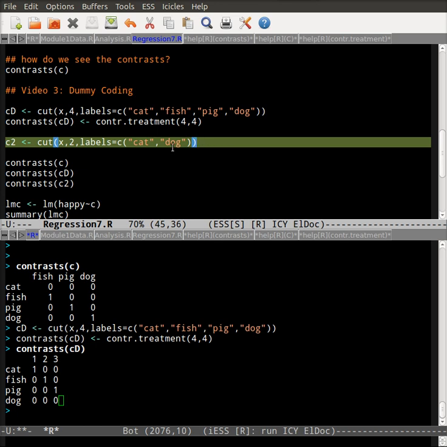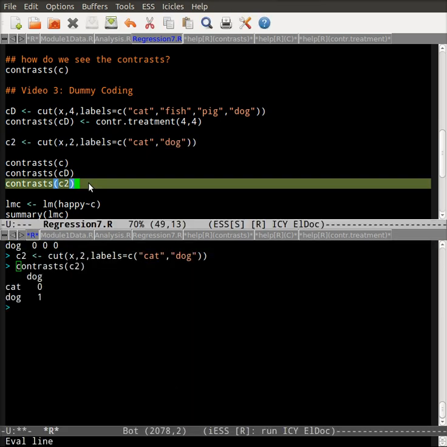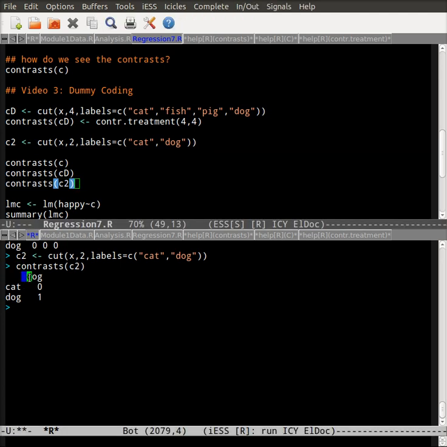and changed my hypotheses. Similarly, what I want to show you is what happens when we create a C2, which is a binary split, and you'll notice that we only have one dummy code, dog. Okay, you'll also notice that cat gets a 0. So cat becomes the base comparison for dog, and this is just one single dummy code out of this.